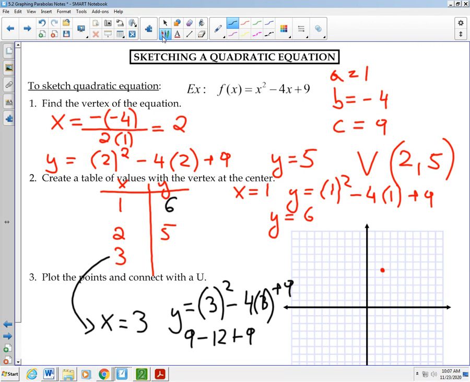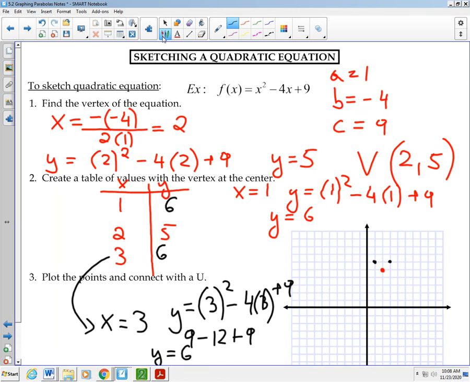Okay, so how do you graph this? 1 comma 6 will be over here, assuming the scale is 1 by 1, and 3 comma 6, it's over here. Now you can always plot more points, it's time consuming, so your teacher may ask you to plot 2 additional points. Again, this is time consuming and I cannot squeeze this on my smartboard.